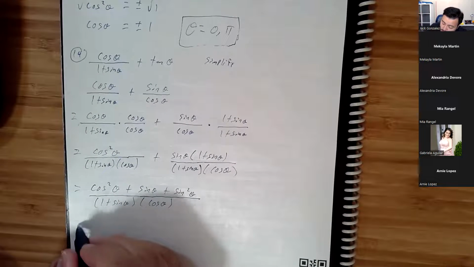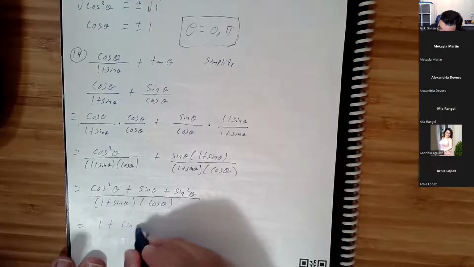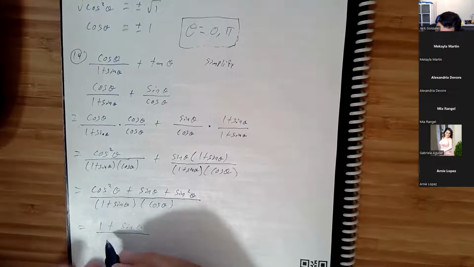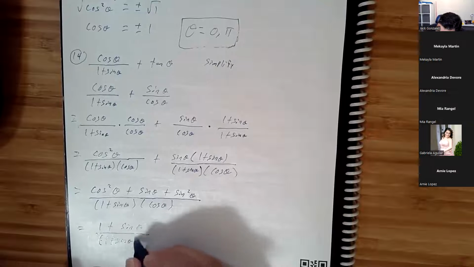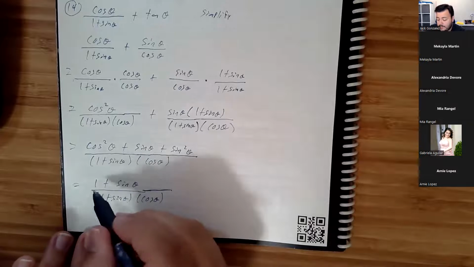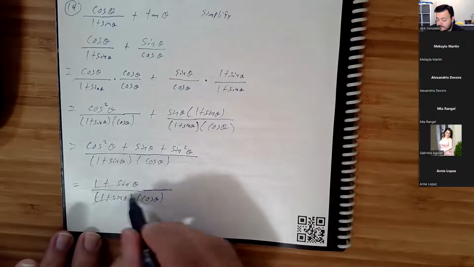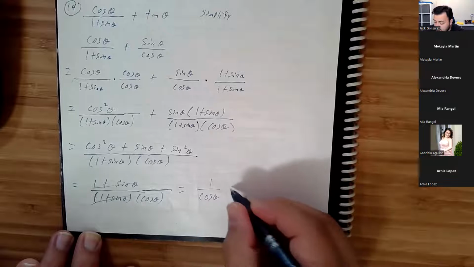So right here, we should get 1 plus sine over 1 plus sine cosine. I feel like we did this one before. These cancel. And you get 1 over cosine, which is secant.